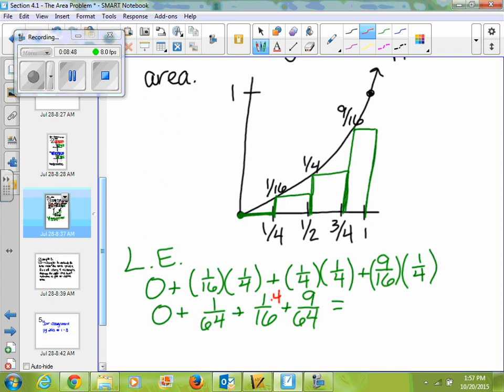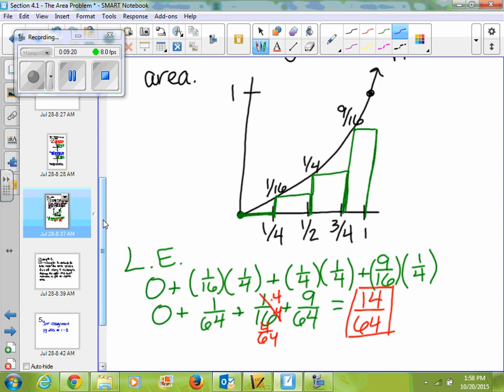So if I take this side times 4, then this fraction actually becomes 4 over 64. So I get 1 plus 4 plus 9, which gives me 14. I could reduce it, but I'll just leave it as 14 over 64. Okay, so that tells me the area under my curve for my lower estimates is 14 divided by 64.